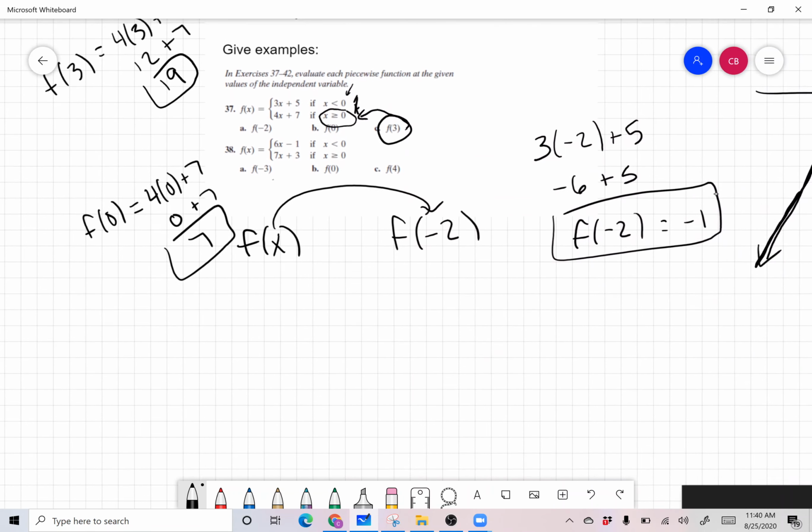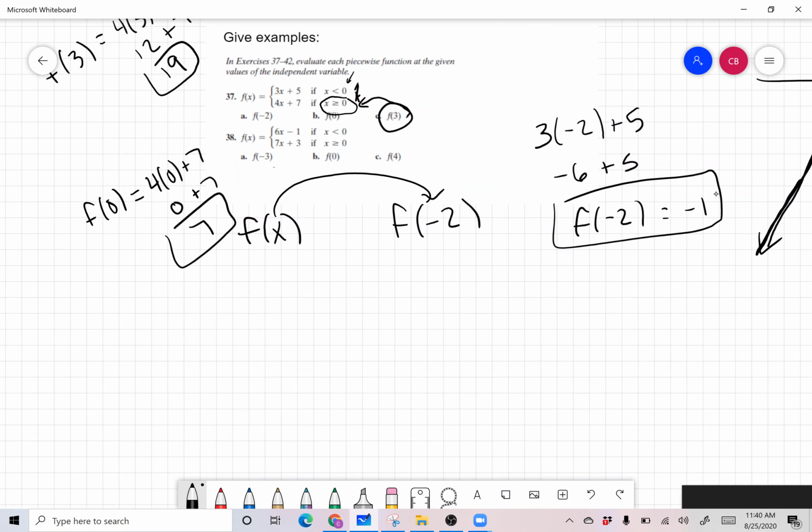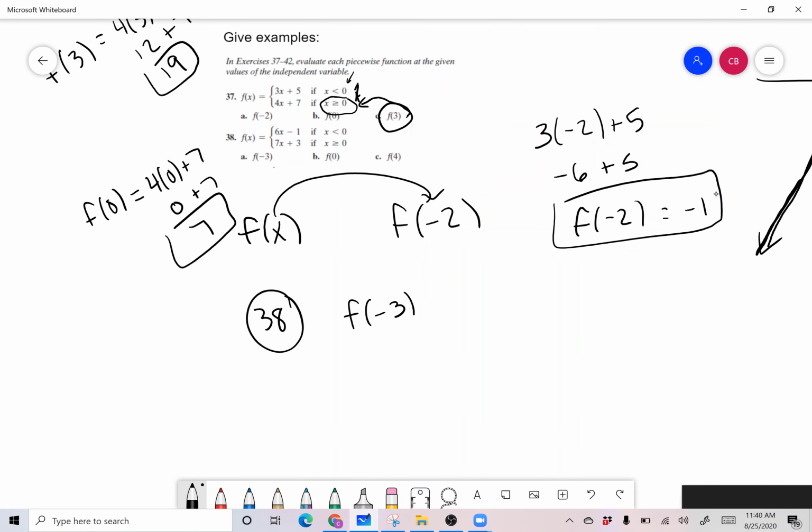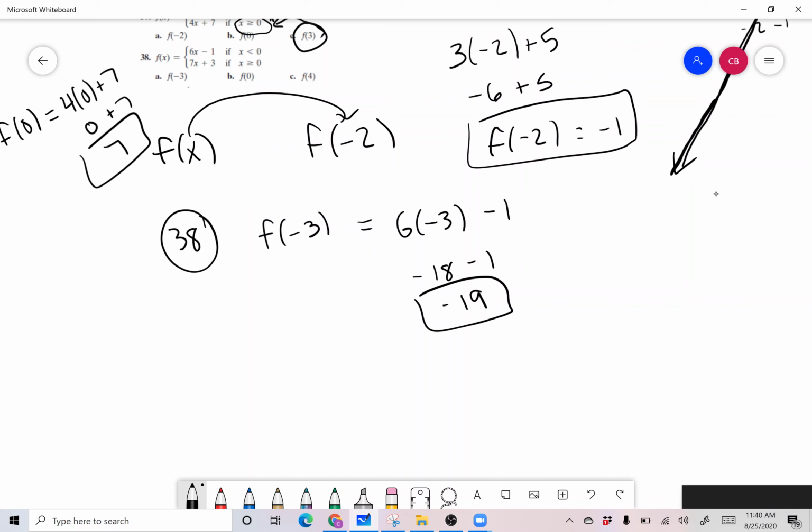Okay, and you should obviously try this. Let's try number 38. If I plug in f of negative 3, then I have 6 times negative 3 minus 1, which is negative 18 minus 1, which is negative 19. And then we plug 0 in.